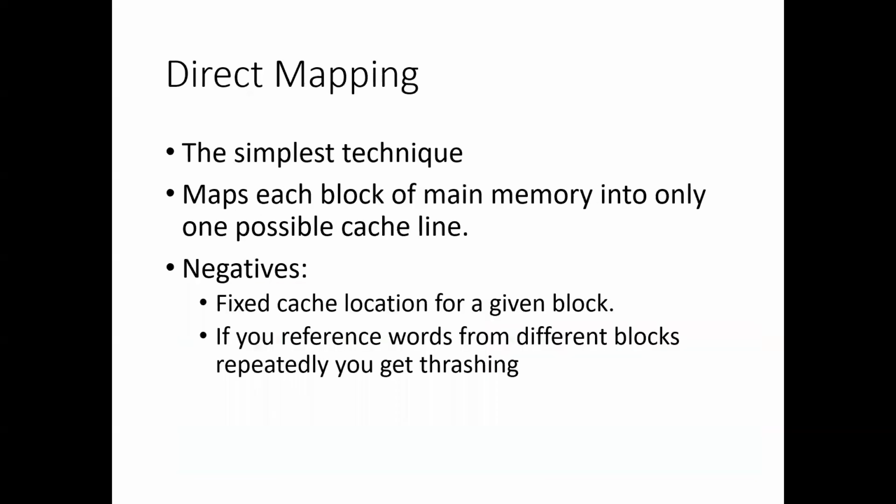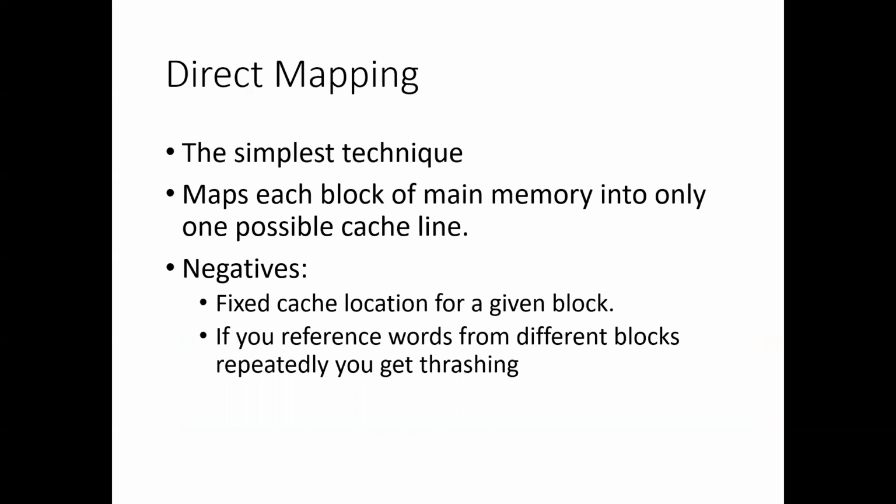So direct mapping is the simplest technique. It maps each block of main memory into only one possible cache line. So the mapping is expressed as i = j mod m, where i is the cache line number, j is the main memory block number, and m is the number of lines in the cache.